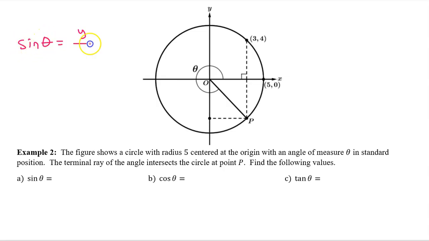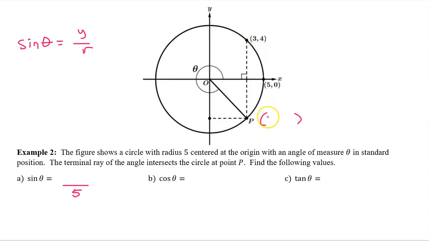is y over r. So in this case, we know that the radius is 5. So it's going to be something divided by 5. But they did not give us the coordinates of point P. We need to figure that out for ourselves. Point P is lined up with this point 3, 4.